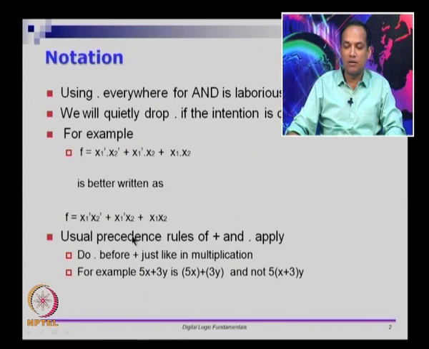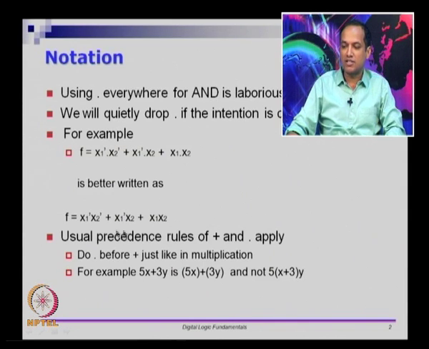So you will have to remember the usual precedence rules. If you have a plus and an expression which has an implied dot or a dot, you have to be careful about the precedences. In basic algebra, if you have 5x plus 3y, you would interpret that as 5x added with 3y, and not 5 times x plus 3 times y. The same rule applies here.